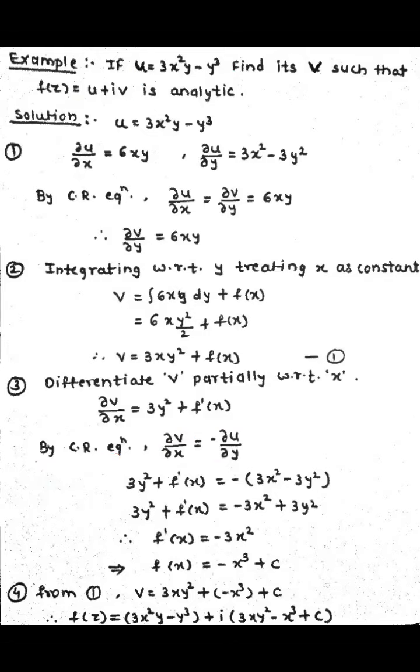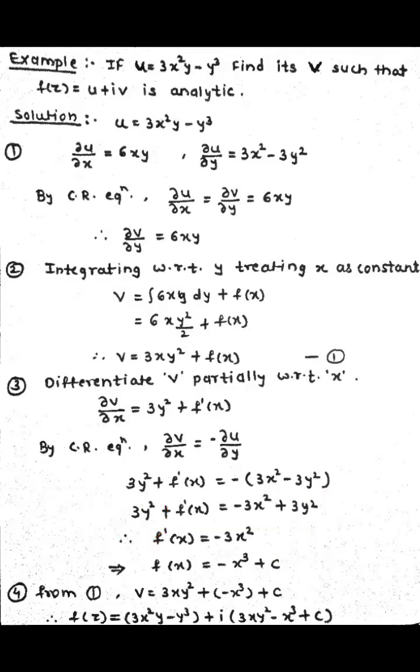Now here, we know that the values of ∂v/∂x and ∂u/∂y were obtained in the first step. So just put them here with a negative sign according to the CR equation. After comparing both sides, we can say that f'(x) is minus 3x².